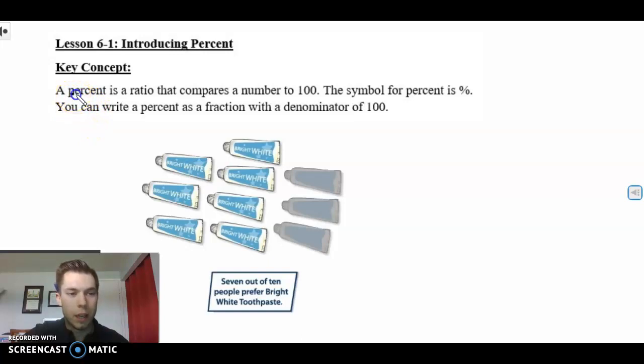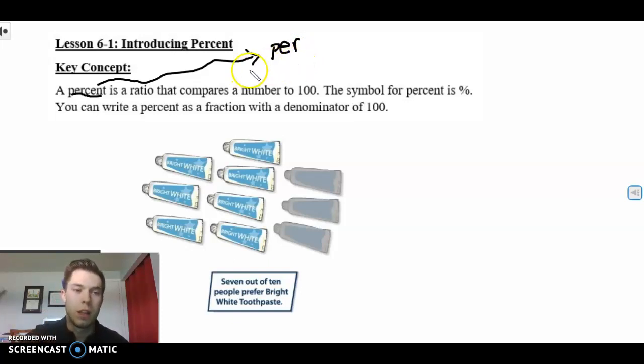Now, just the breakdown of the word percent. The word per, as we talked about when we're talking about ratios, it means 1.